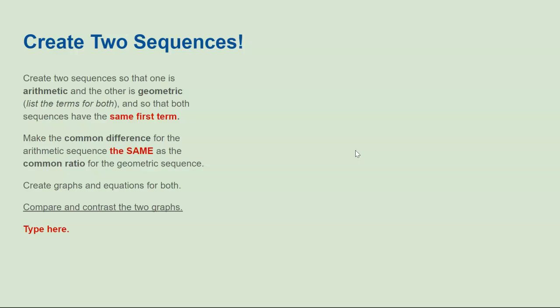And then we're going to basically compare and contrast these two. So their goal is to create the list of terms for both of their sequences. They'll create a graph and an equation for each one. And then they'll compare and contrast, and they could just type here on their slide to do that. So insert screenshots of their tables, their graphs and their equations, and then just compare and contrast.